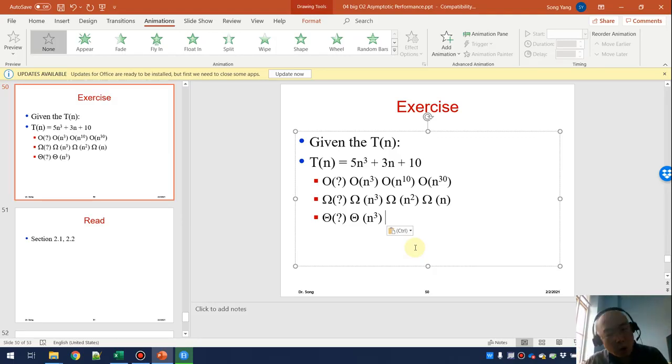For the big O, we can go to a higher degree polynomial, that's fine. For big omega, it is omega of n squared, if you want to go to a lower degree polynomial, that's also fine. But for the big theta, the only correct answer is theta of n cubed. Okay.